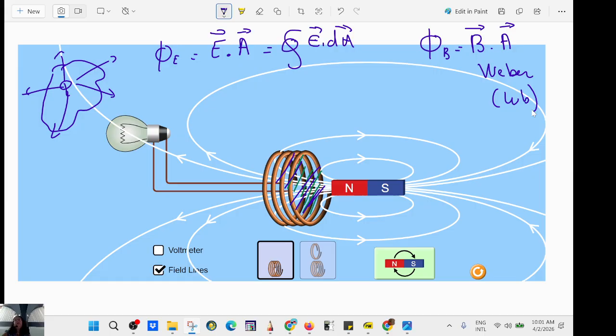So anyway, to induce current, you need to have a change in the number of field lines poking through this surface, but it's an imaginary surface. Okay?